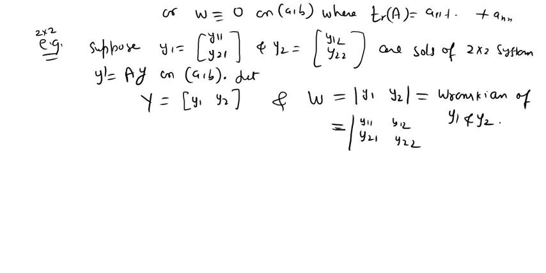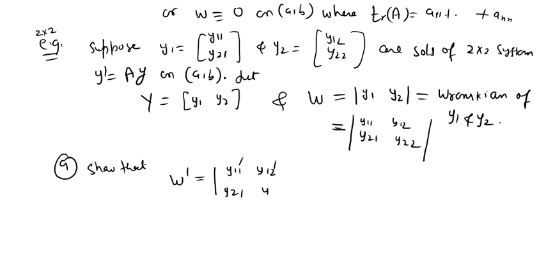Then part first: show that W' is the determinant with y11', y12' in the first row and y21, y22 in the second, plus the determinant with y11, y12 and y21', y22'. In the first you differentiate the first row, in the second you differentiate the second row. That you need to show.